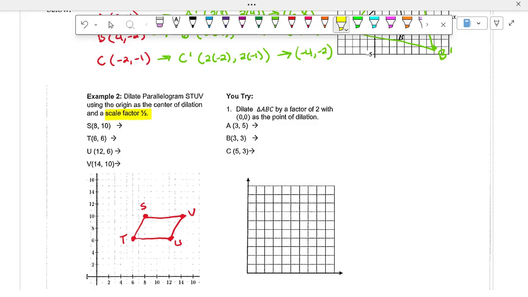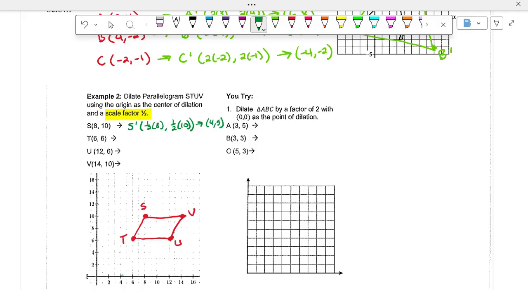Now, multiplying by 1/2 is the same thing as doing what? Dividing by 2. So basically, for each one of these numbers, we're going to divide it by 2. That's the same thing as multiplying by 1/2. So S prime would be 1/2 times 8, 1/2 times 10. What's my new point? 4, 5.